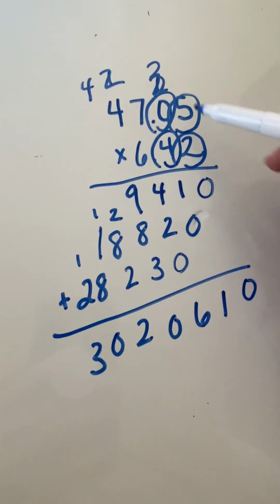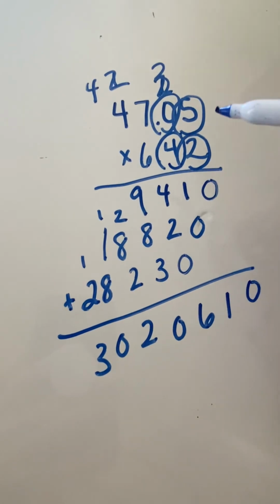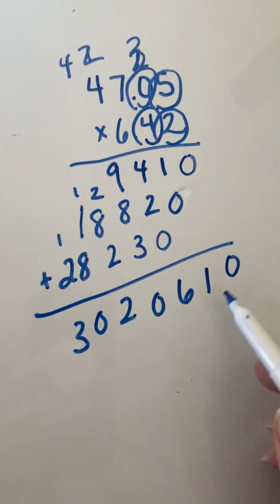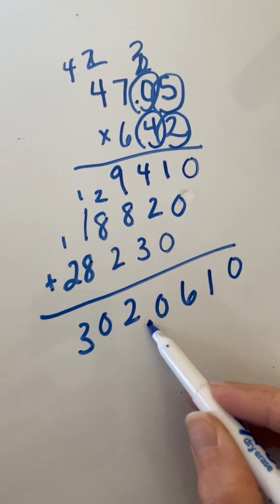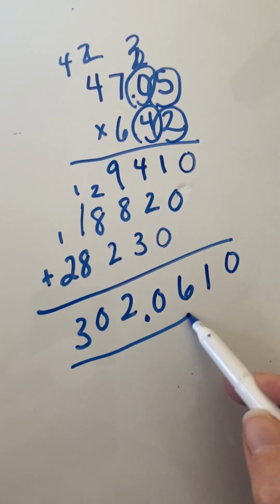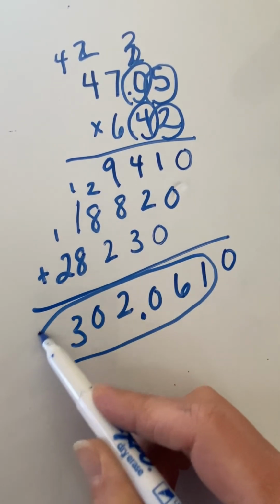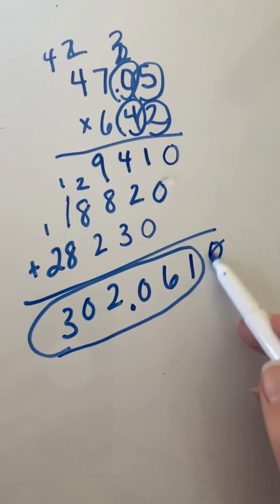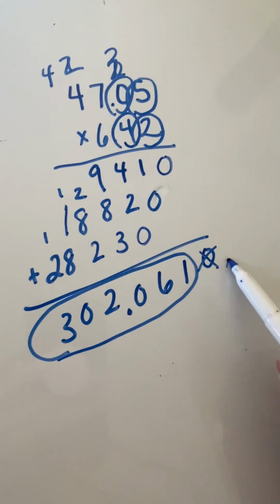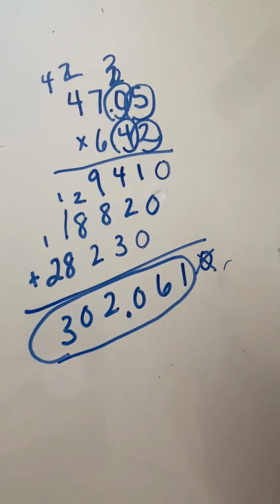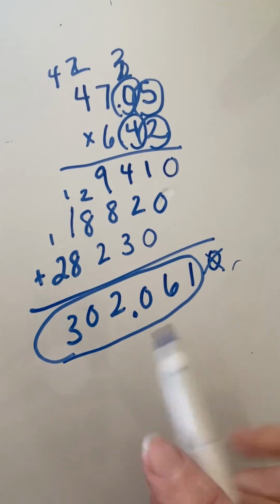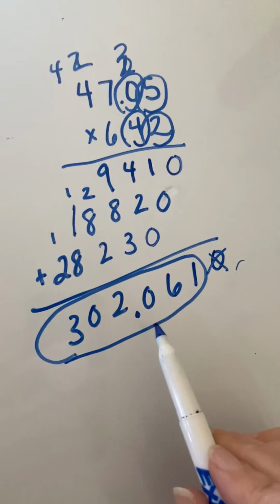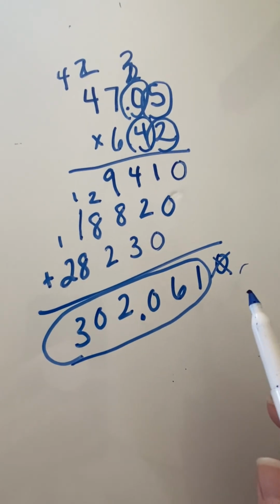Not 2, 4, because you have to include the decimals behind each number. So we go 1, 2, 3, 4. Boom. So our number is 302 and 61 thousandths. This guy right here doesn't have to stay because you could put a million zeros behind here and it would still be the same number. So 302 and 61 thousandths.